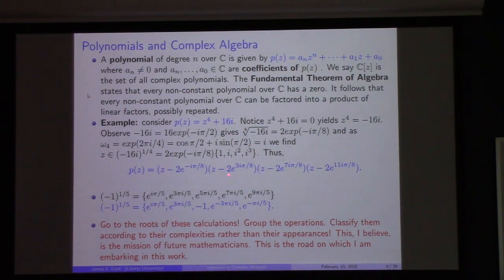And so there you go. I've factored z to the fourth plus 16i using this technology. Here are 5 numbers whose 5th power is minus 1, if you wanted to find them. And again, it's using that same 5th roots construction.